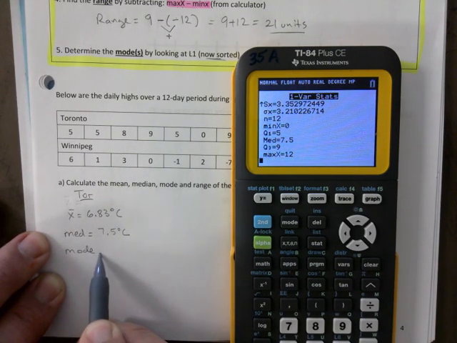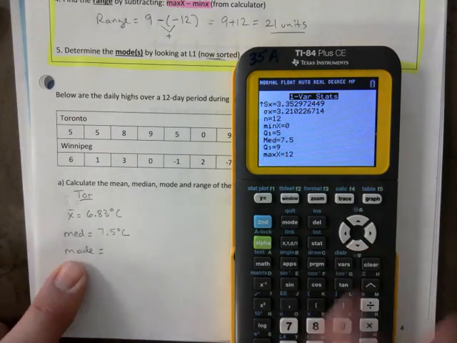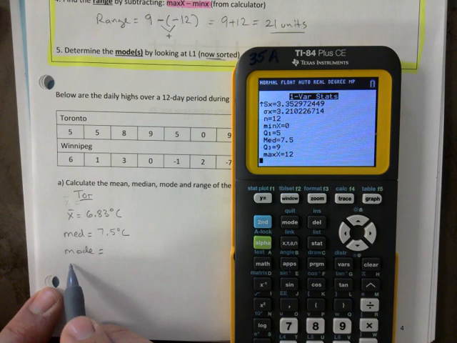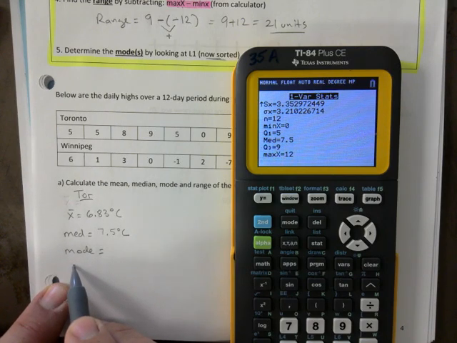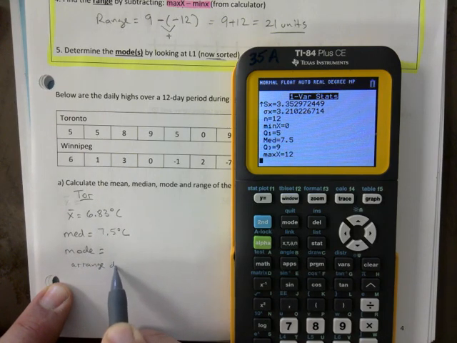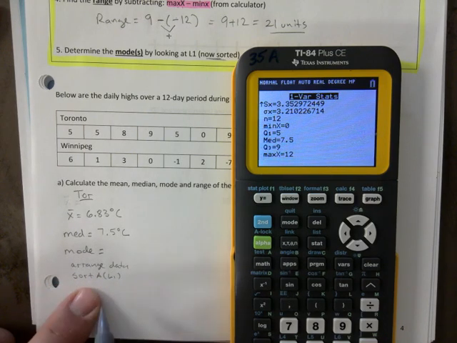And the mode or modes, right? That one you need to arrange the data, right? We go sort A, L1 for this one.